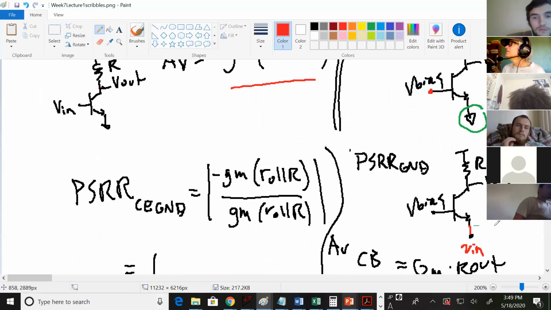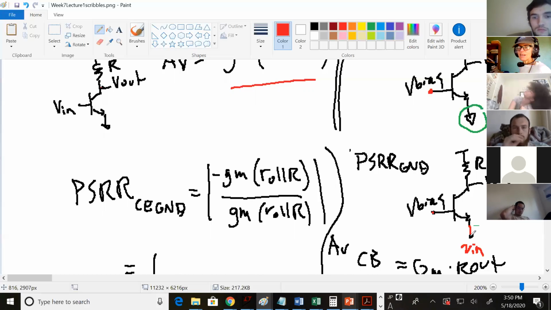Up to there, good? Got a nod. Now that I've changed this around, I put DC on the input and put a noise source where the ground used to be. What kind of circuit does this look like? Common base. Do you remember the gain for a common base?